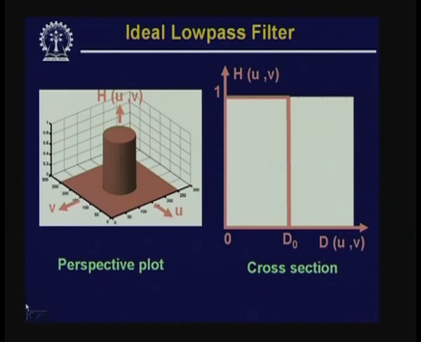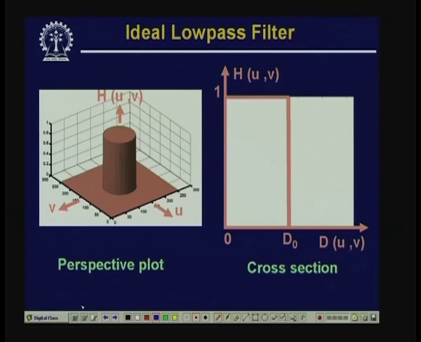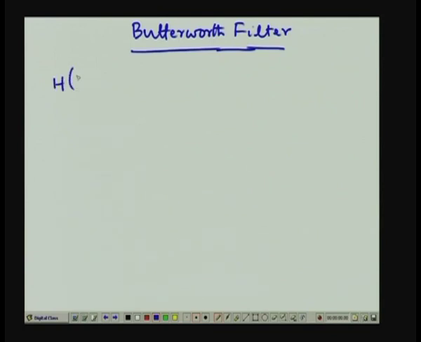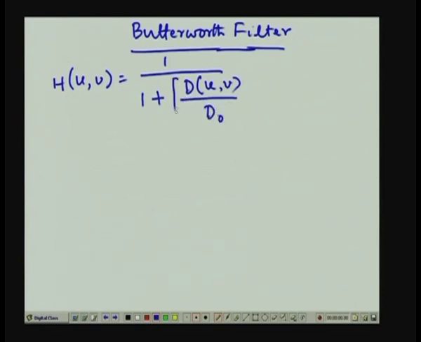So, a better approximation of this is a filter which is called a Butterworth filter. The Butterworth low pass filter has a frequency response given by H(u,v) equal to 1 upon 1 plus (D(u,v) by D0) to the power 2n.